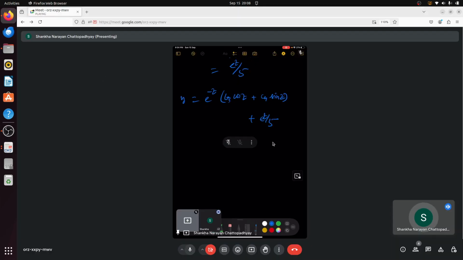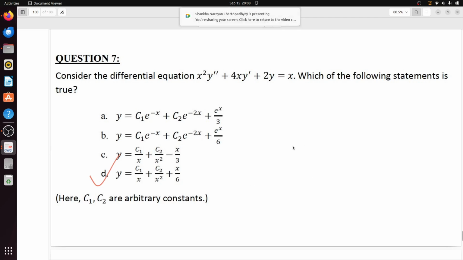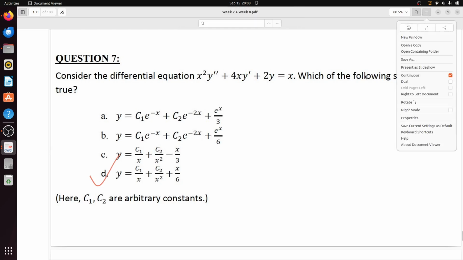So here you just substitute, instead of z you put log x, then you will get the answer. So I am just writing it. I made some mistake in that. Give me some time.